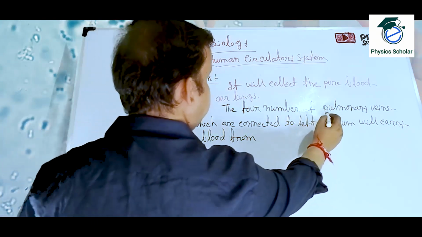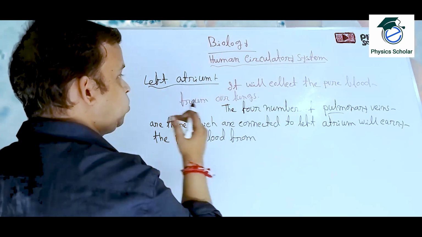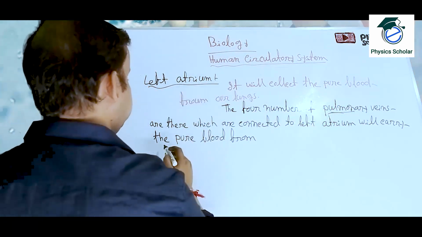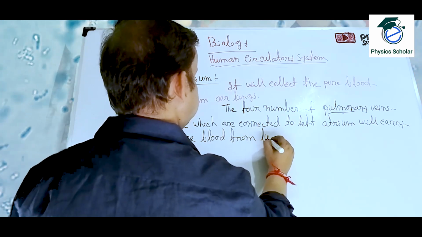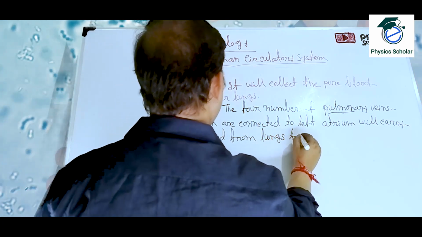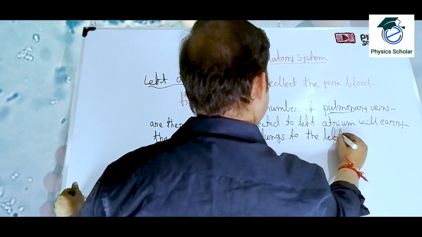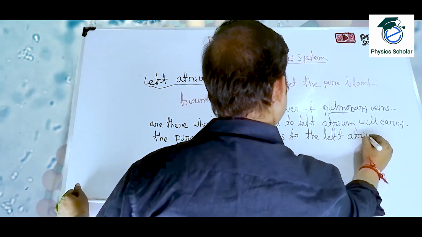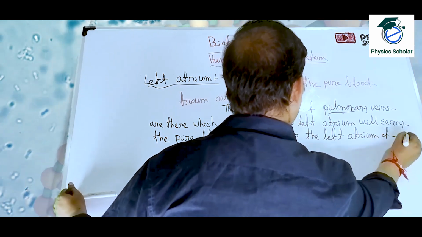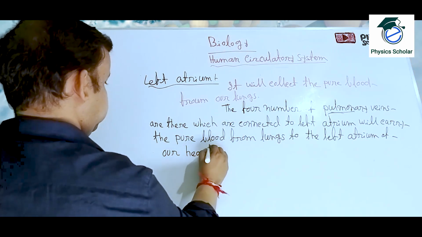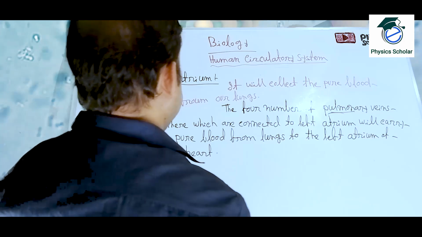What is the meaning of pulmonary? Means lungs. Okay, related to lung. When you see the term pulmonary, that will be related to our lungs. Pure blood from lungs to the left atrium of our heart. Clear?